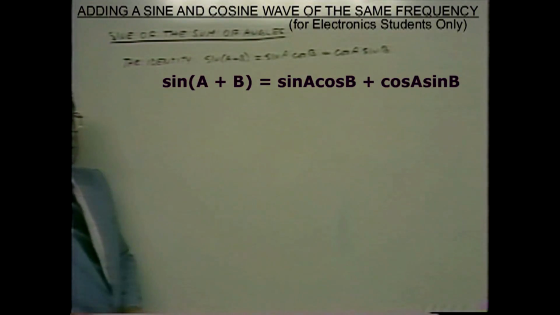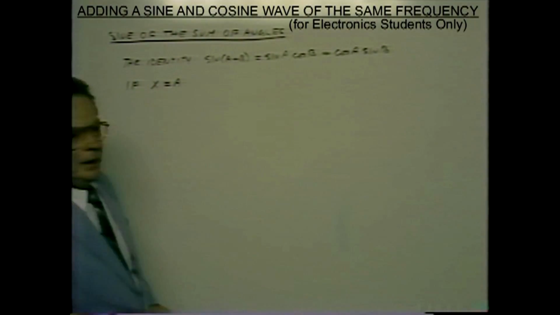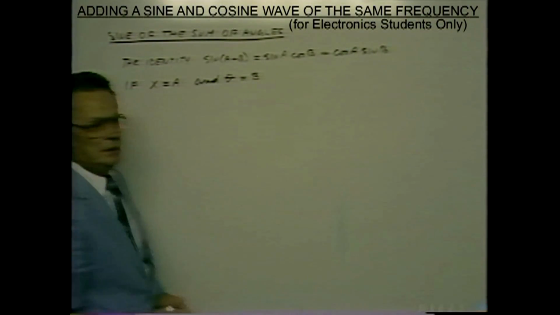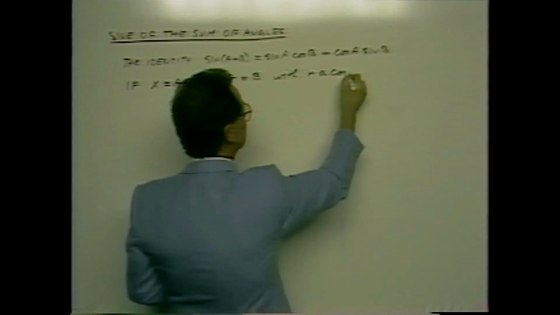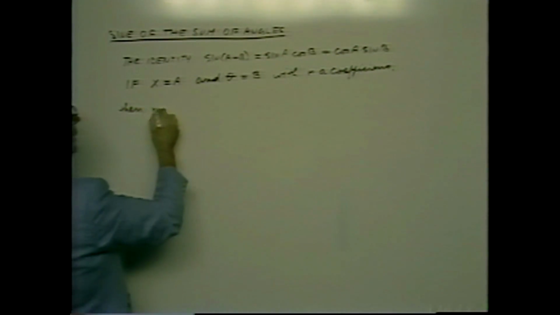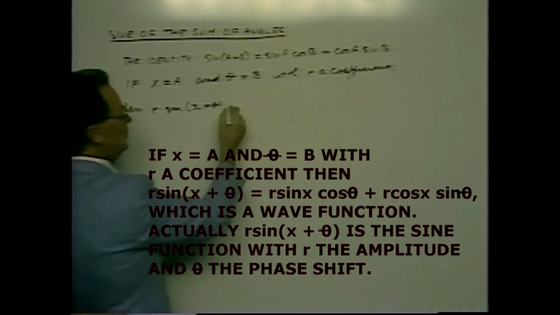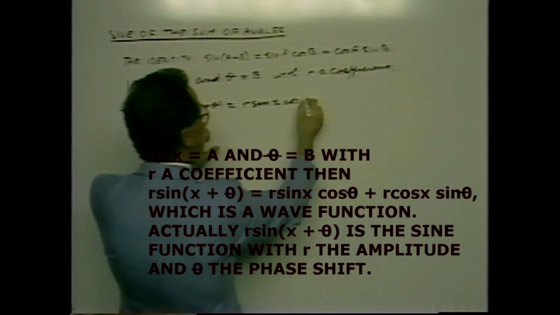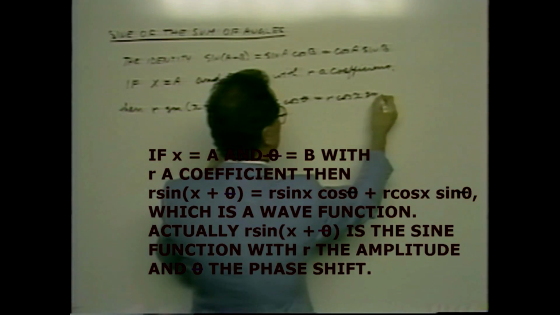We will also make the substitution that if x is equal to a and theta is equal to b, with r a coefficient, then r sine of x plus theta is equal to r sine x cos theta plus r cos x sine theta.